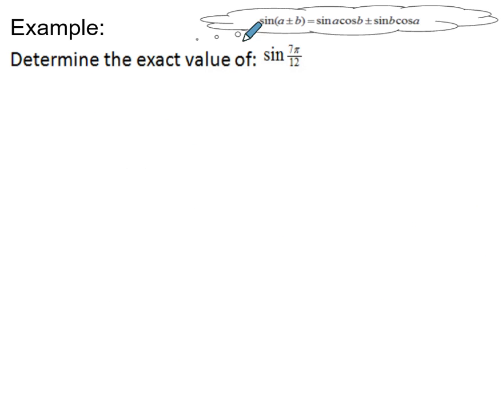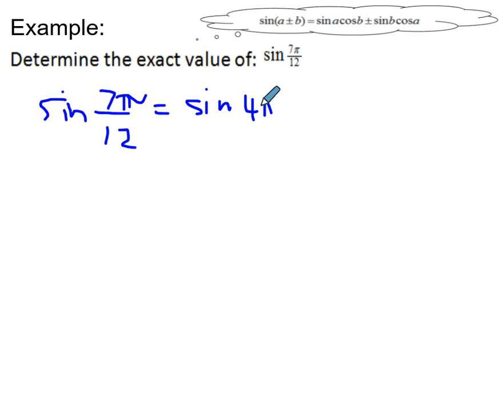So you could write it like this: sine of 7 pi over 12 is equal to sine of 4 pi over 12 plus 3 pi over 12.